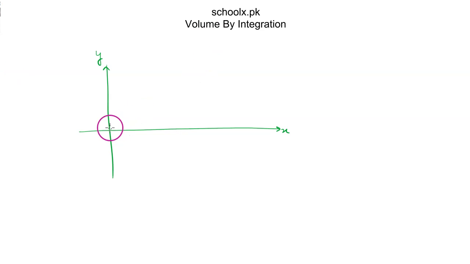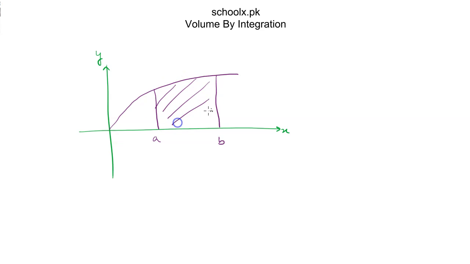This is point A, this is point B. Now I need to find the volume of the shape when this portion right here is rotated about the x-axis 360 degrees. Alright, so it will form a shape somewhat like this.